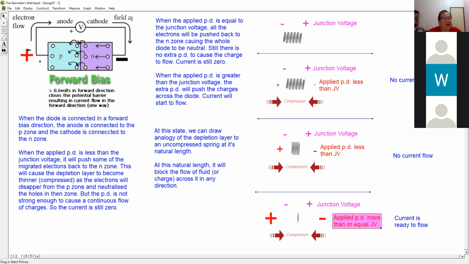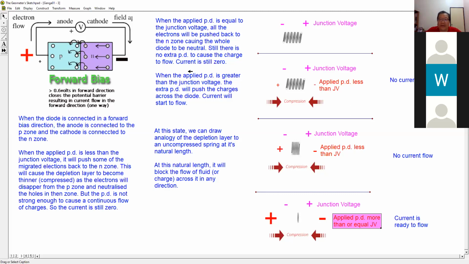I connect it to the positive terminal of the external voltage. And this is the N side. I connect it to the negative terminal. So this side is known as the anode, this side is known as the cathode. And our conventional current will flow from positive to negative. The electrons will flow from negative to positive.